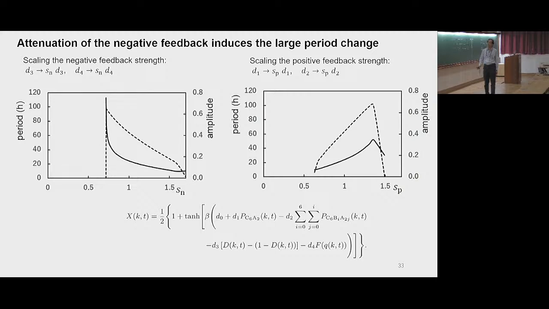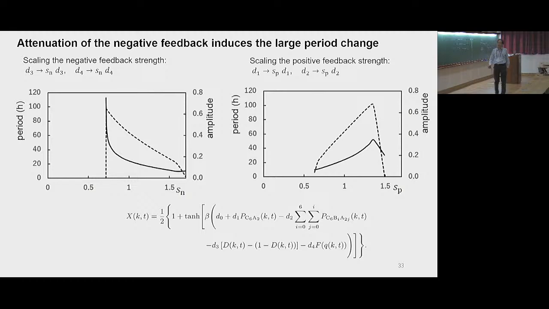This is a more systematic plot for changing the negative feedback strength. The solid line is the period, and the dashed line is the amplitude. The amplitude suddenly disappears when the negative feedback is too weak, because the system sticks to either the x equals 1 or x equals 0 state and does not show oscillations.